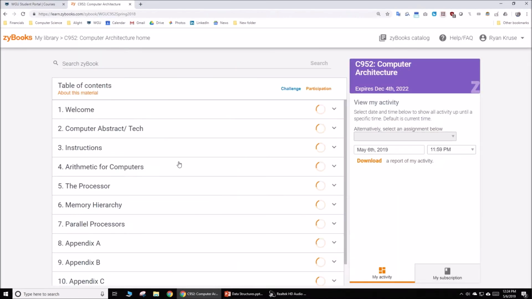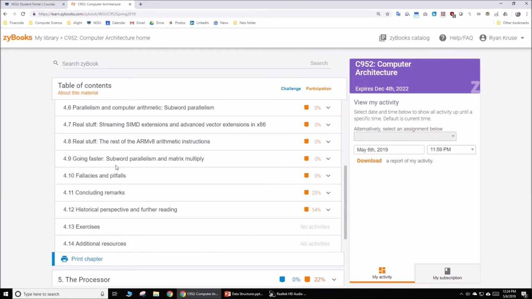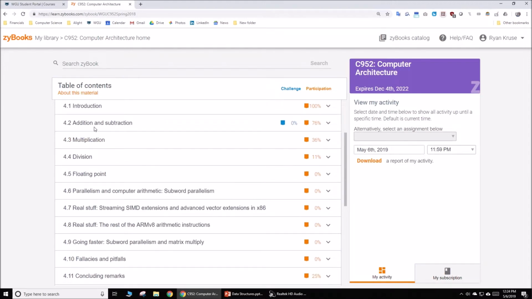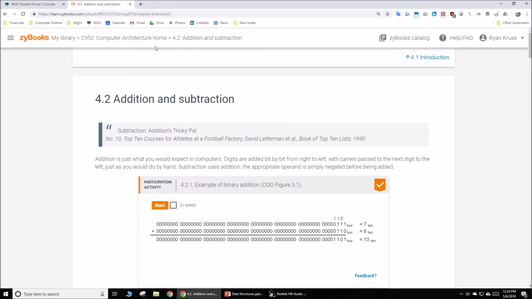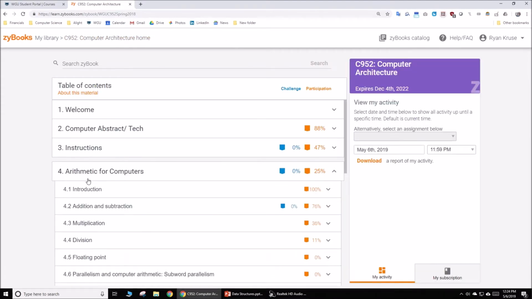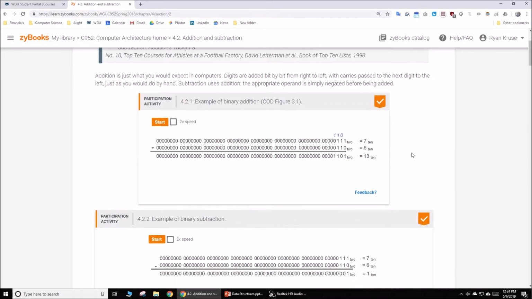However, looking at the course material, I do have to say that it is really spread out between super specific details and not very specific details. What I mean is, if I look at one section, Unit 4, Arithmetic for Computers, and go into Introduction, abstraction and addition and subtraction here, it becomes fairly interesting.